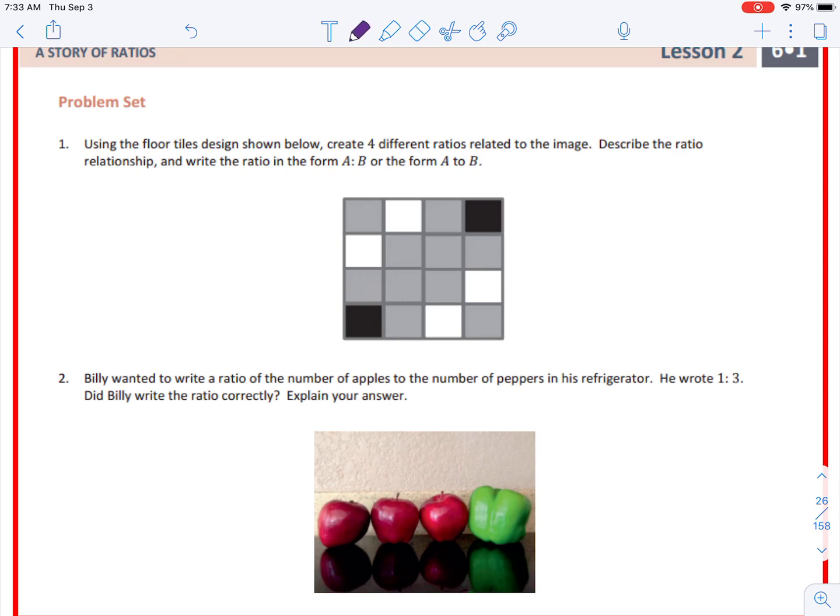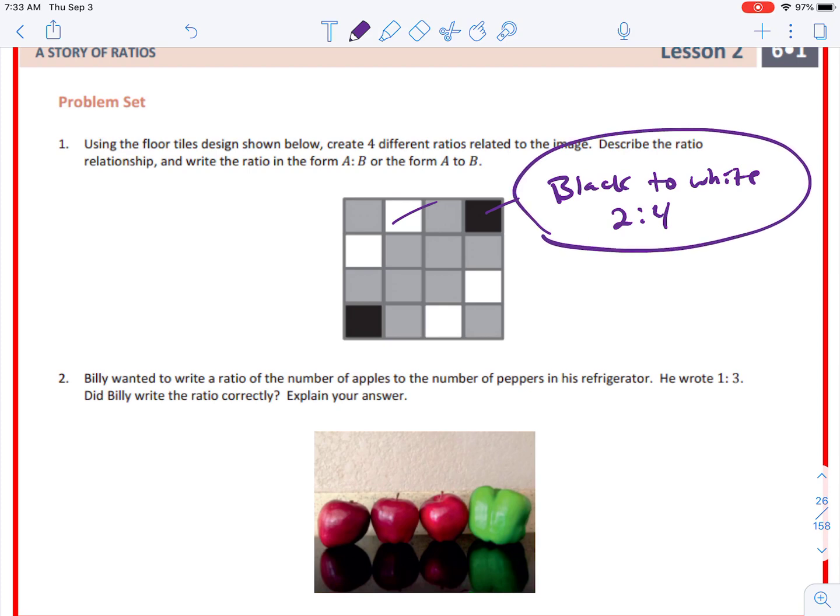For an example, I'm going to compare black squares to white. So I'm going to say black to white, and the ratio is 2 to 4. Hopefully that makes sense. I want you to describe them like this, so you need 3 more for number 1.